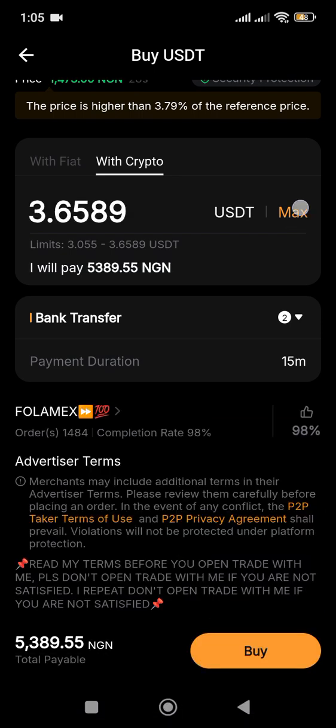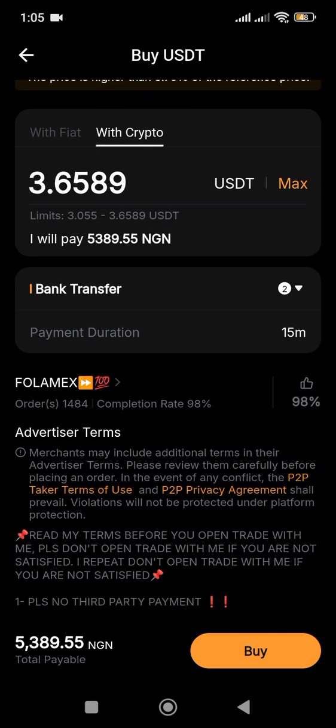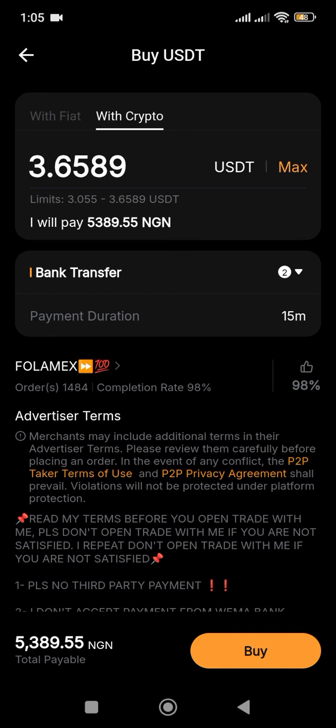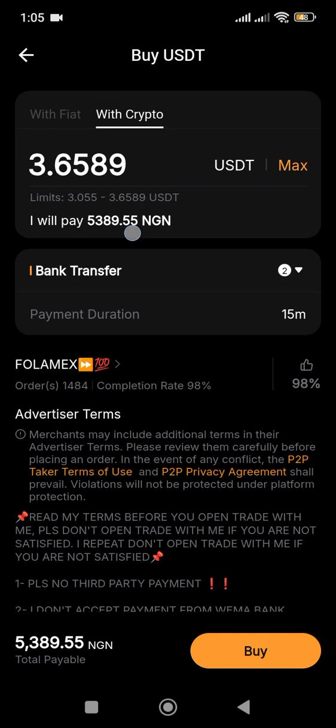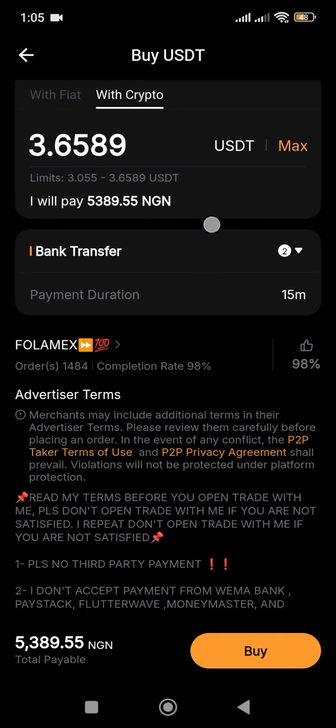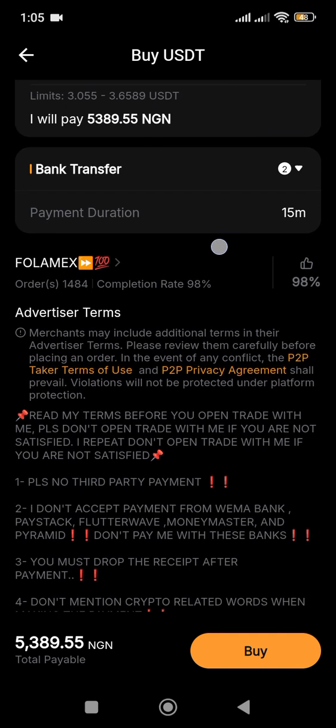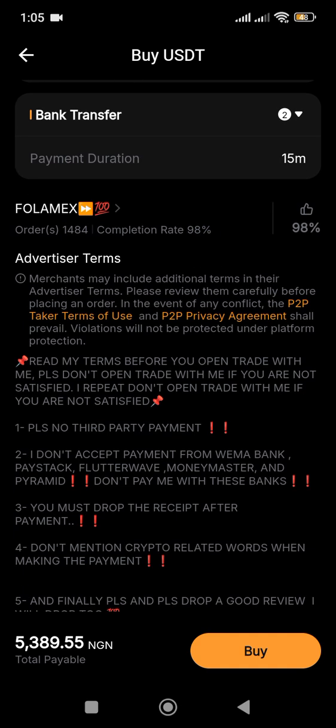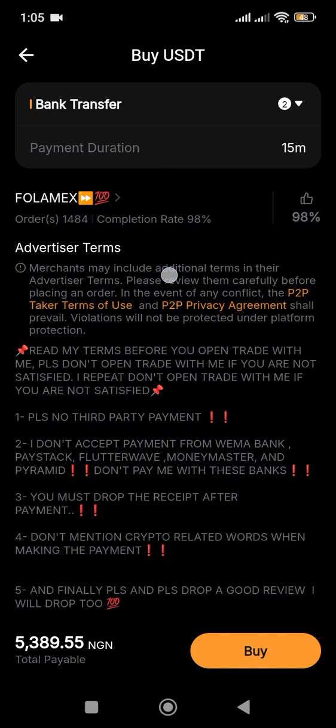I will just put max so that it will enter the amount that the person has, so that I will pay the person. So this 3.6589 USDT is worth 5,389. You can see payment duration is 15 minutes.